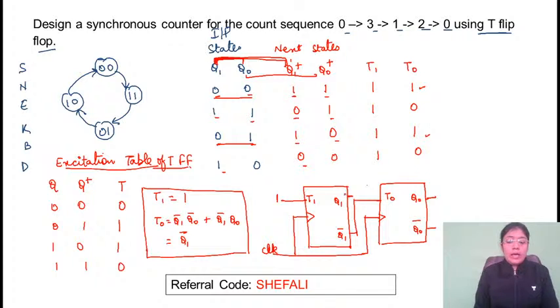Clear? So this is a synchronous counter for the count sequence 0, 3, 1, 2 using T flip-flop. Similarly, you can use the concept of JK flip-flop as well as SR flip-flop.